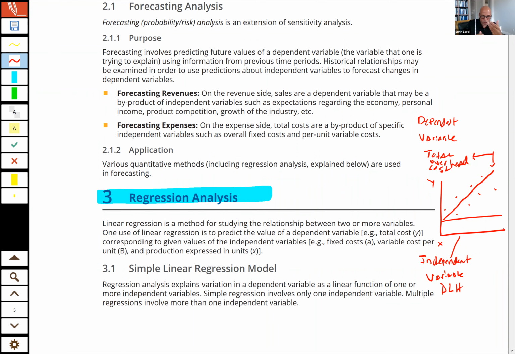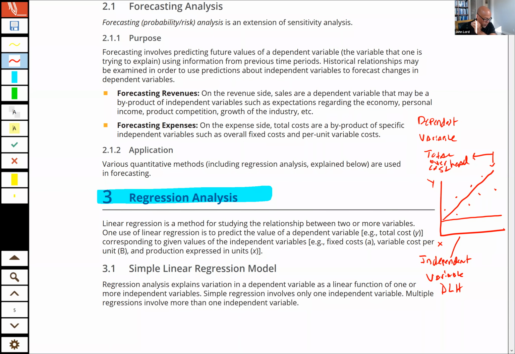Now, if they don't line up at all, then what that's telling you is, hey, you have not selected the correct driver for your overhead costs. Maybe you should look at machine hours, or maybe you're going to have to use the activity-based costing type approach that we talked about before, in which you're going to have to come up with a driver per overhead pool. You might have to use multiple pools, etc.